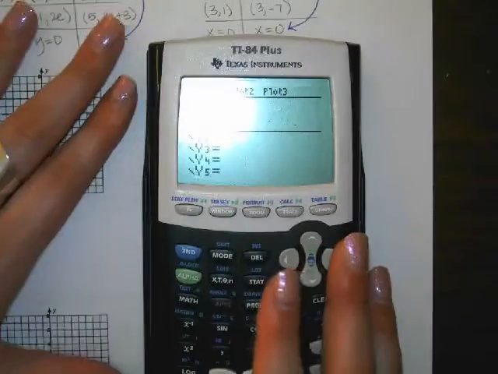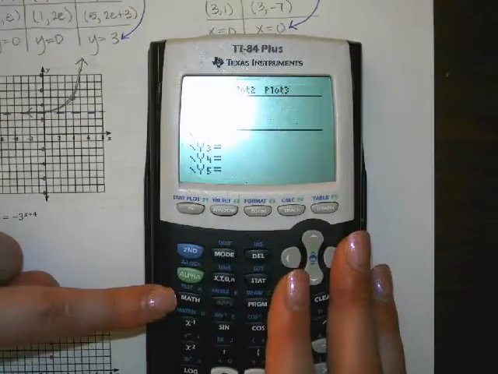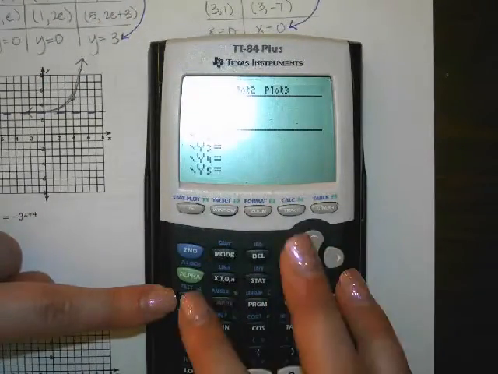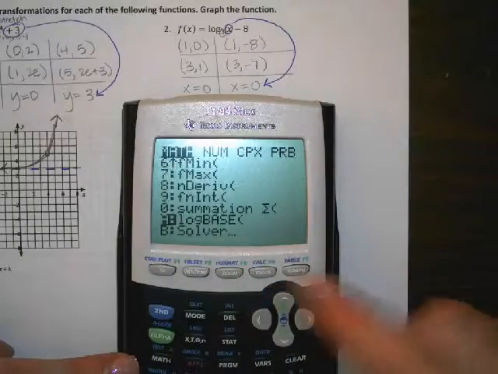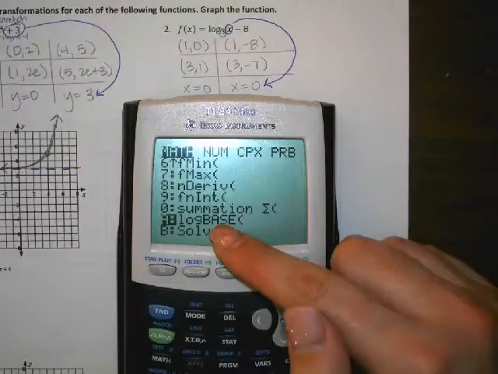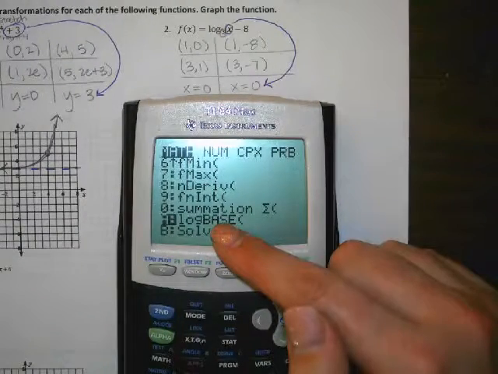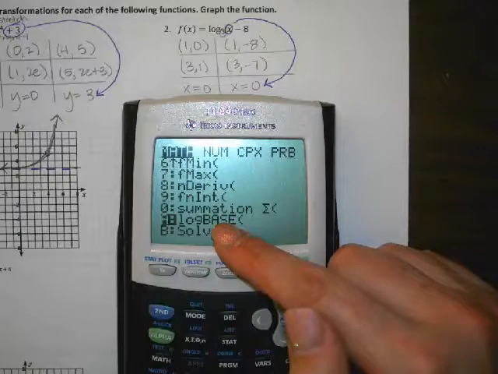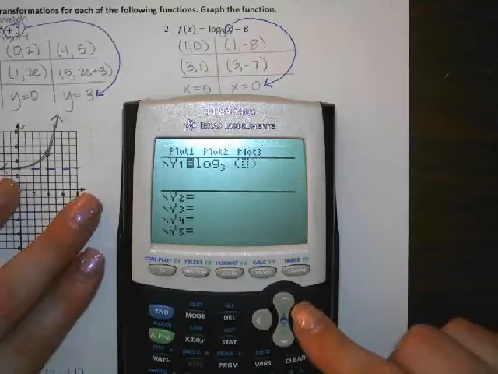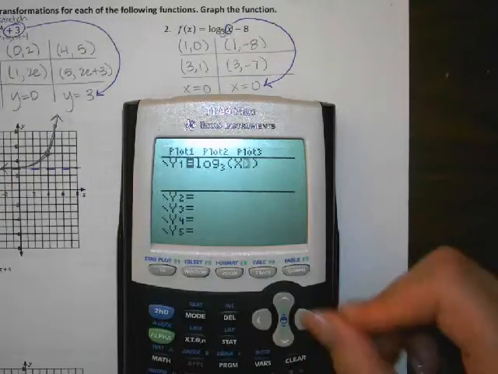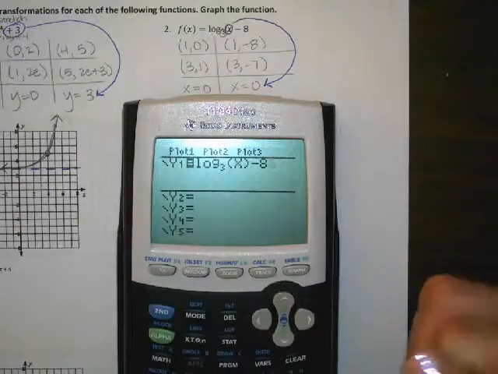To check it, hit the math button right here, and then if you go up, you should see log base. If your calculator has an old operating system, it will not have that. Is everyone able to get to it? Log base. Okay. So base of 3, the x is the only thing in the parentheses, and then -8 on the end.